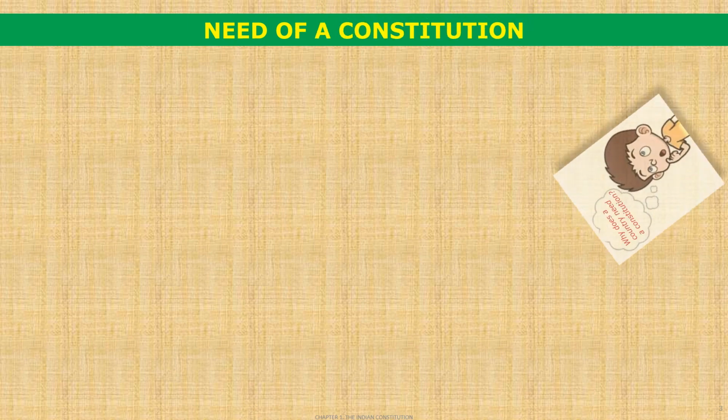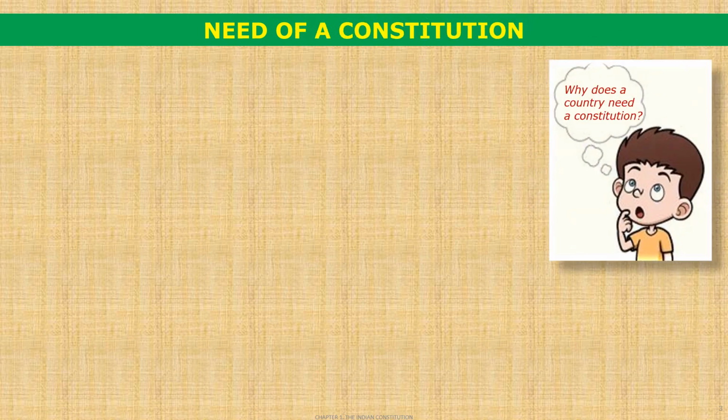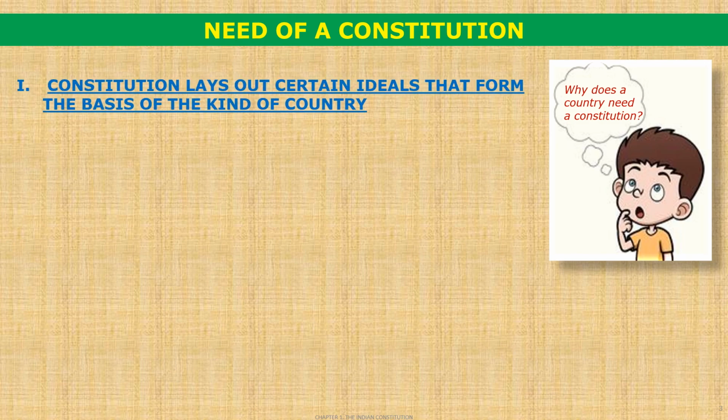But have you ever thought, why does a country need a constitution? Let's find out. Firstly, the constitution lays out certain ideals that form the basis of the kind of country. It reflects the aspirations of its citizens.